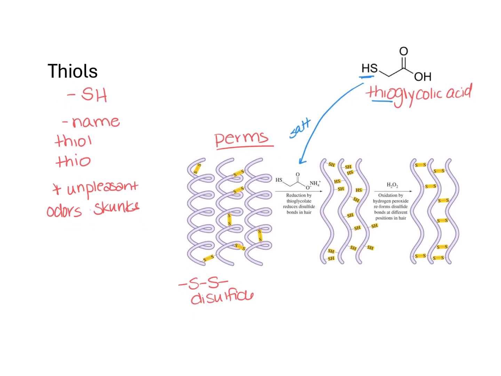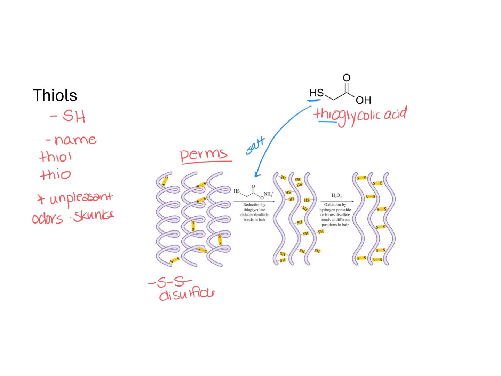Now, we see this in perms, but the other place that we see this is in hair removal creams. So here, this will break down the structure of the hair in higher concentrations. And so when it does that, then it can easily be wiped away.